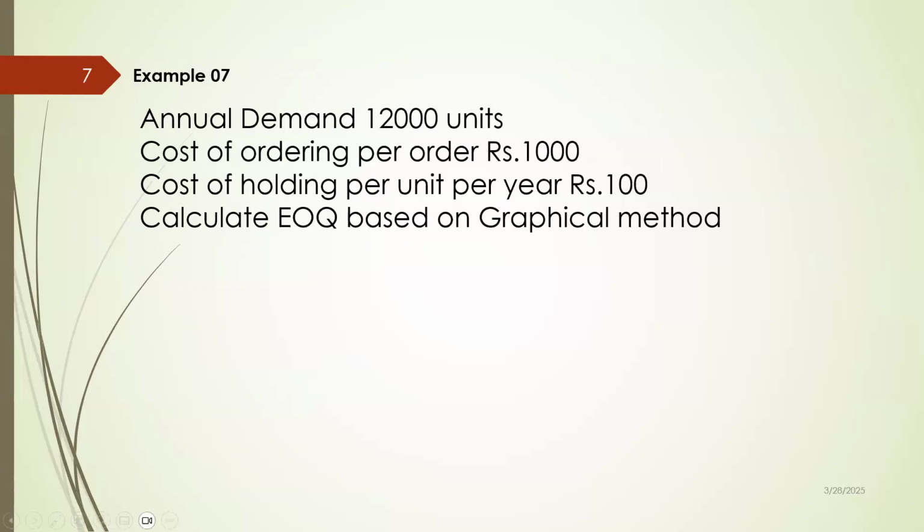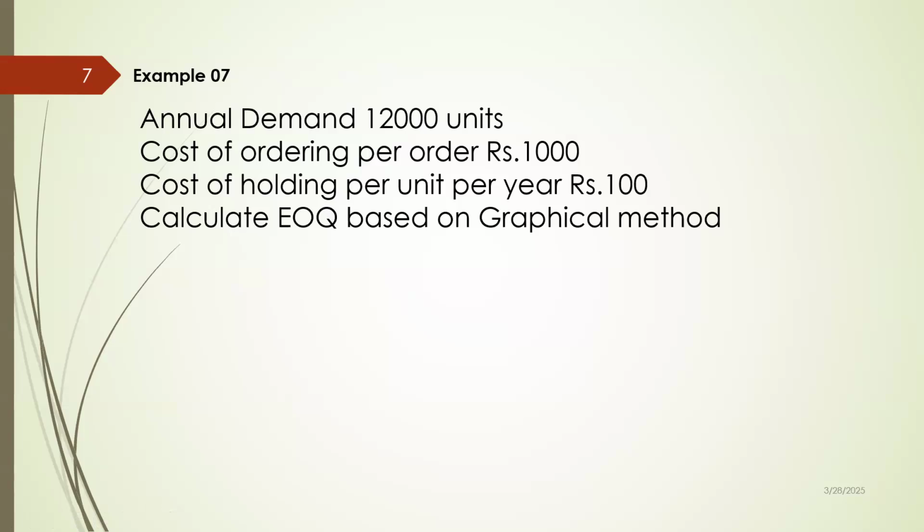The annual demand is 12,000 units. Cost of ordering per order, 1,000 rupees. Cost of holding per unit per year, 100 rupees. Calculate the economic order quantity based on the graphical method. When we answer based on the graphical method, we should draw the two-dimensional graph.